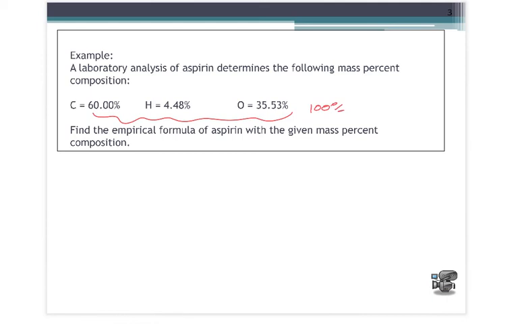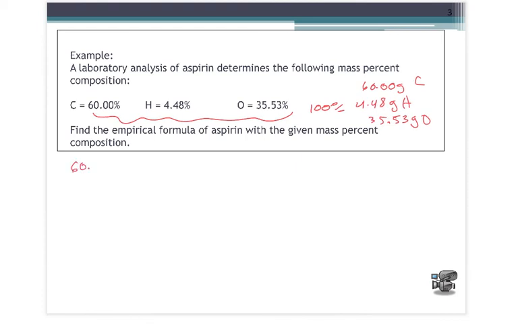And so if we had a 100-gram sample, then it'll have 60 grams of carbon, 4.48 grams of hydrogen, and 35.53 grams of oxygen. So now that we have this in terms of grams, we can convert them to moles like we did in the last example.